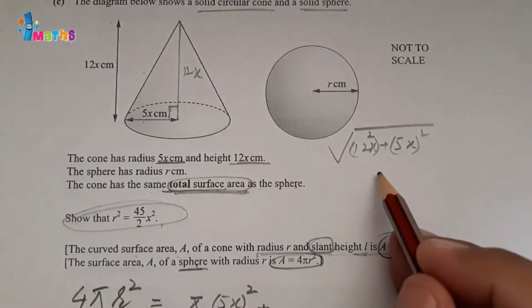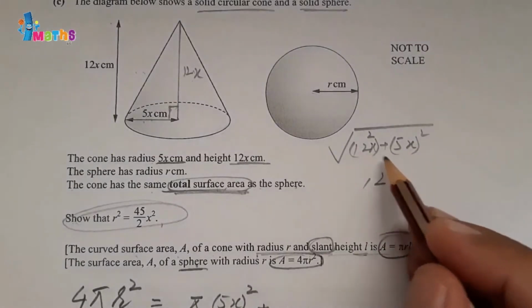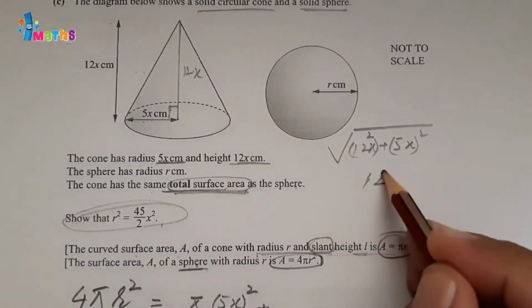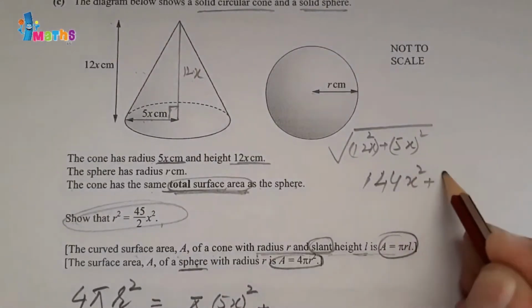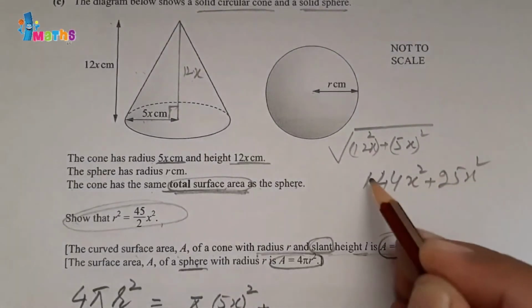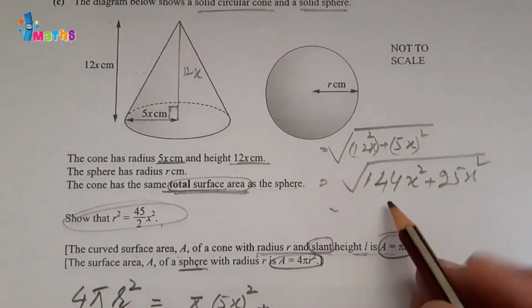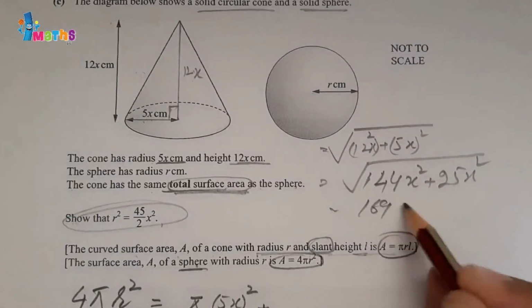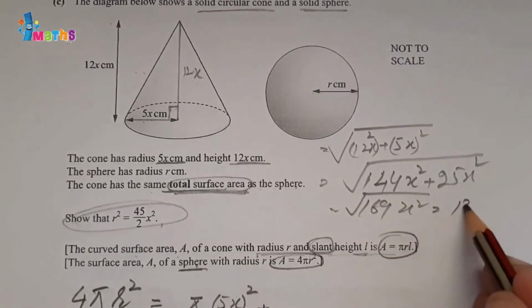So this will be the square root of 12x square plus 5x square. 12 square will be 144, so 144x square plus 25x square under root. So this will be 169x square under root, which will be equal to 13x.